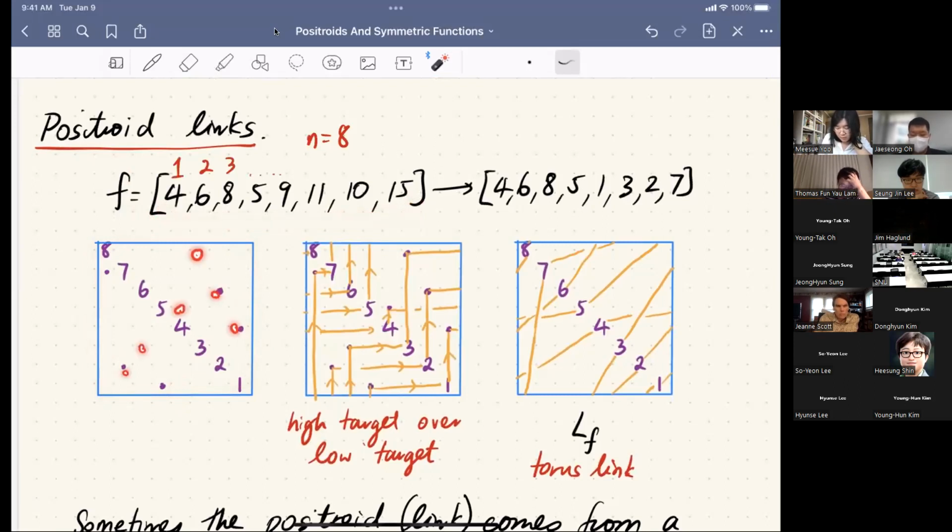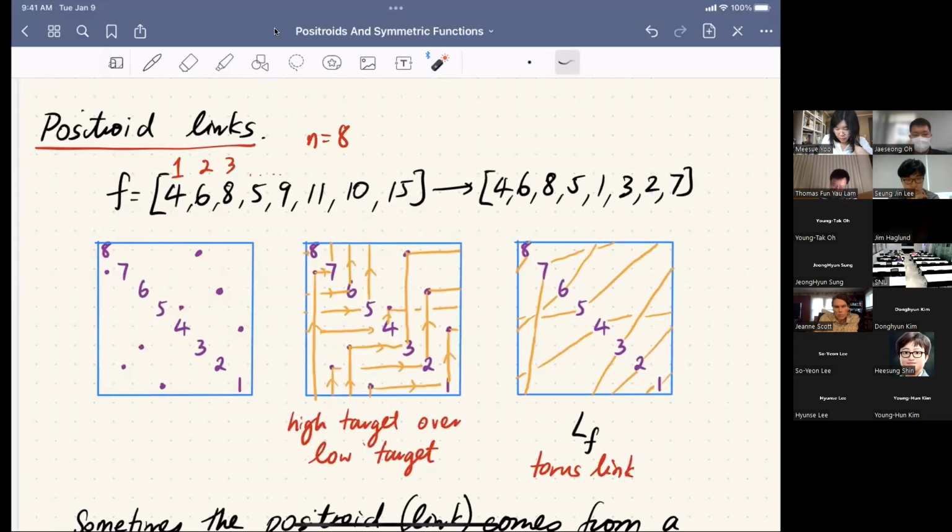I'm going to assume that there are no fixed points, and I've drawn the dots in this way. So 1 goes to 4 is this dot here, 2 goes to 6 is this dot, and so on.